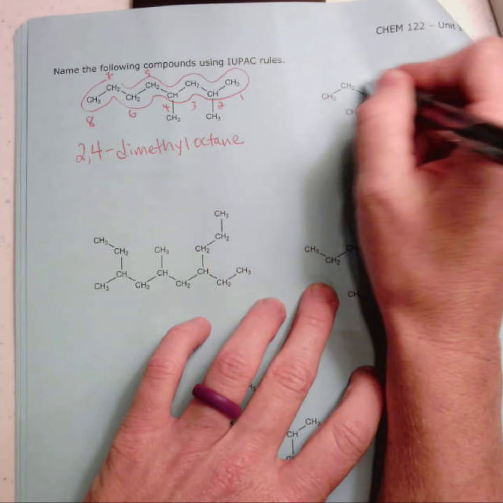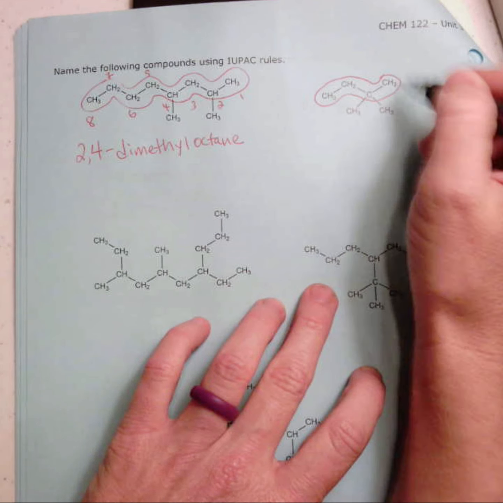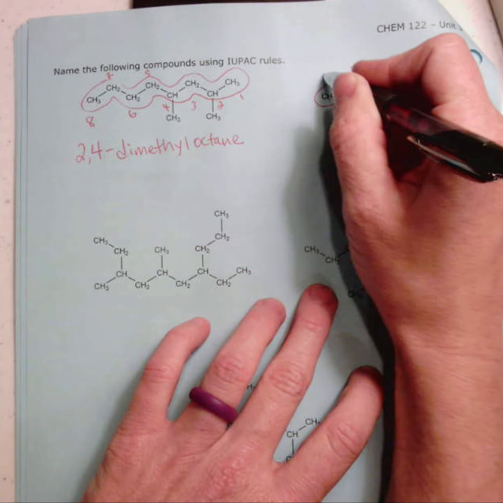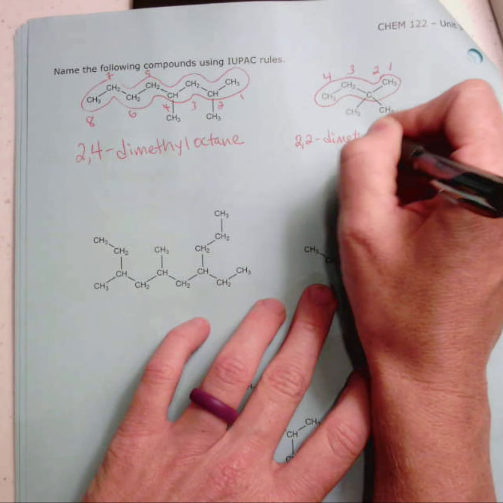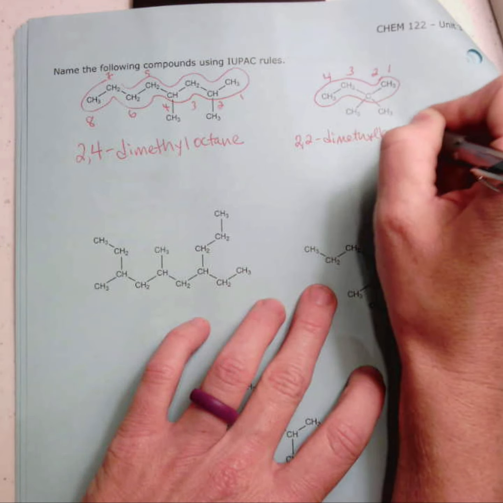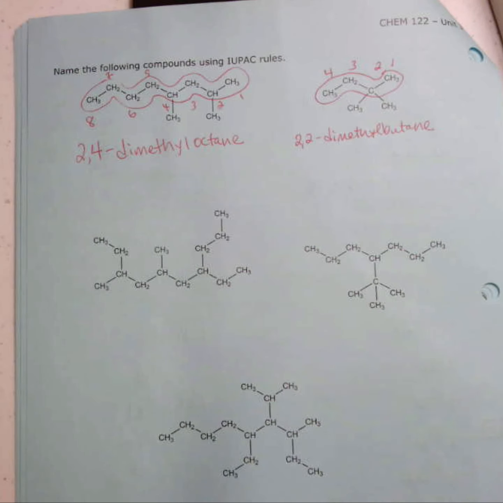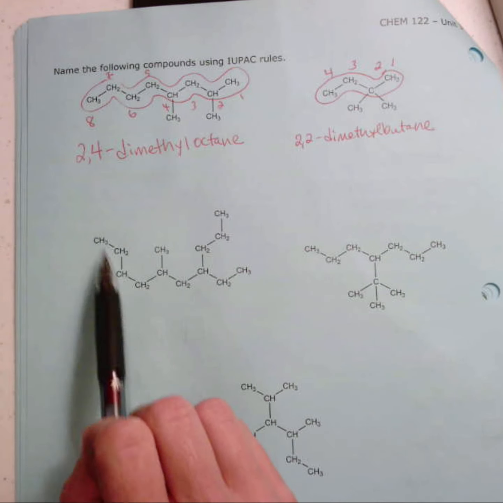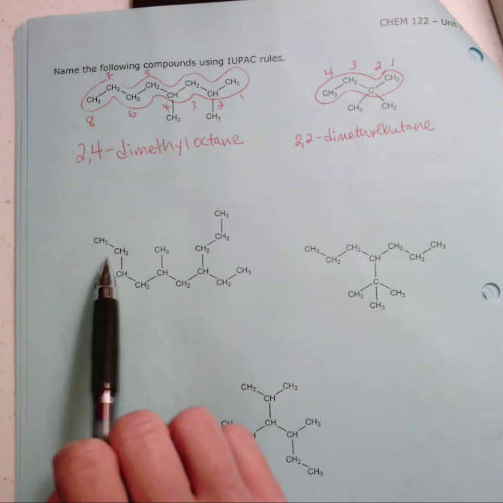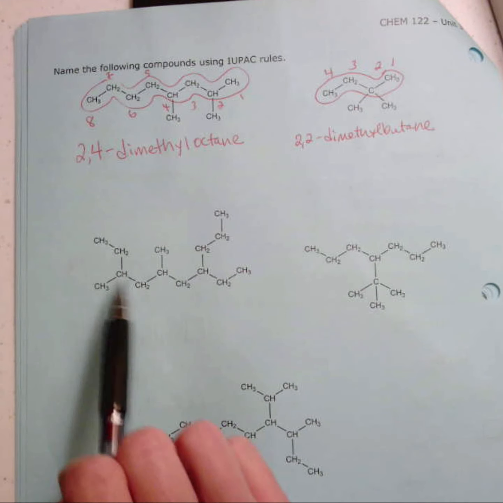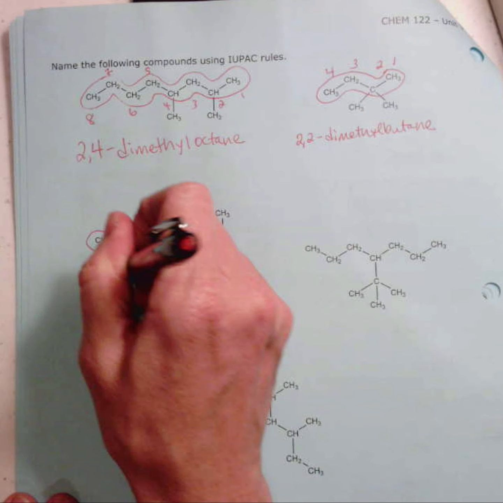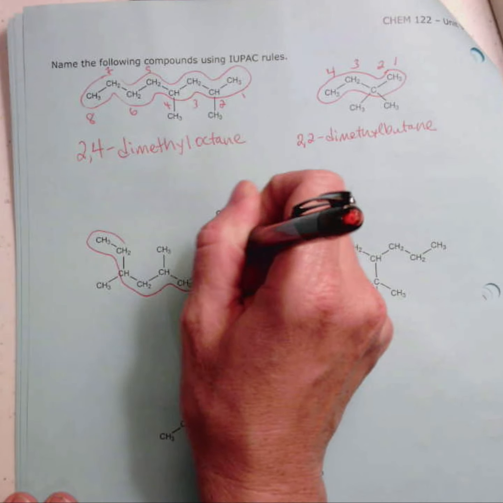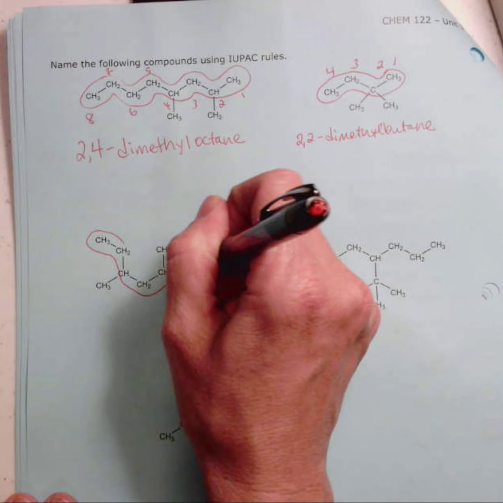All right, this guy is 2,2-dimethyl butane. This one is tricky. You have to go around the corner. 1, 2, 3, 4, 5, 6, 7, 8, 9, 10. That's good old decane. Old man decane right there. He's a sneaky one.